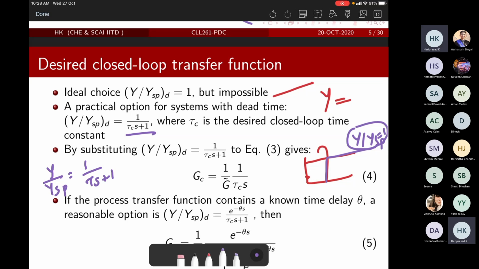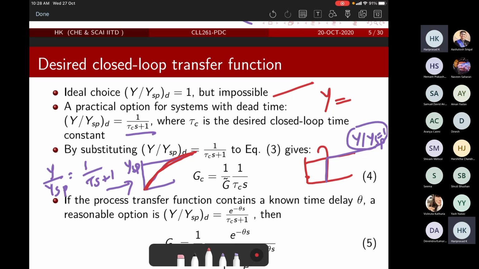So y as a function of ysp, your process would tend to reach your ysp. This is your ysp, but not immediately, but after some time, because this is the first order system. You will reach, but after some time.